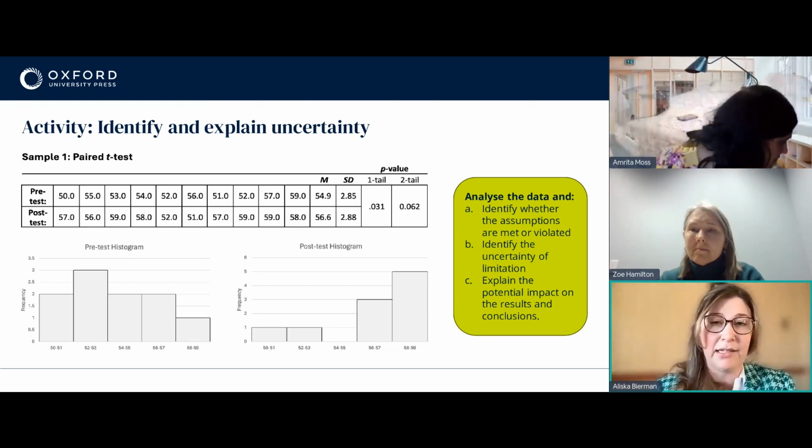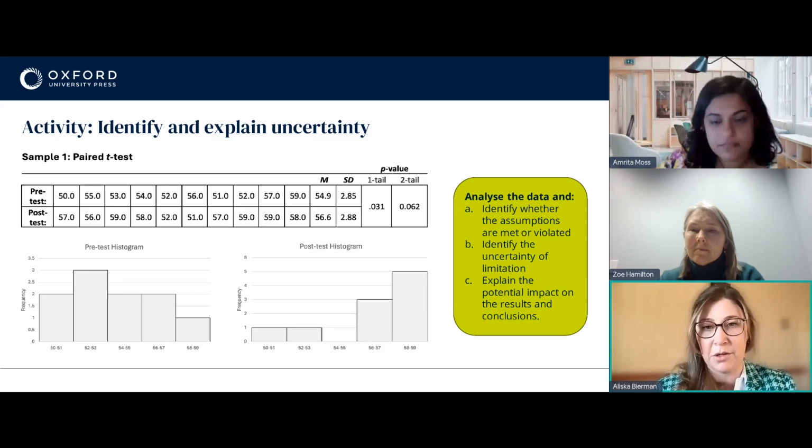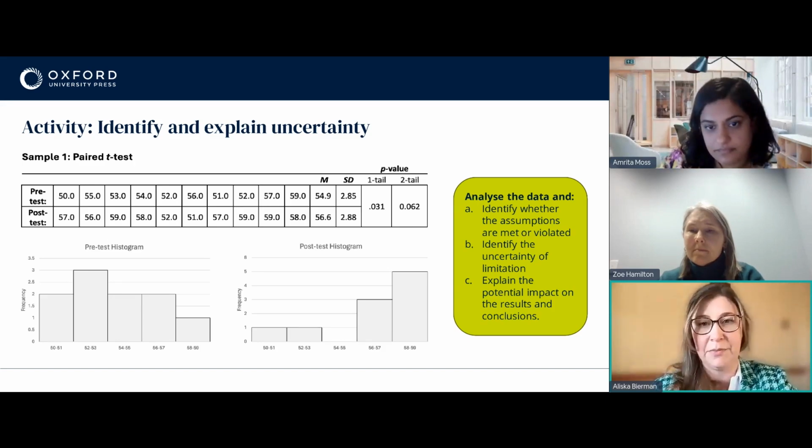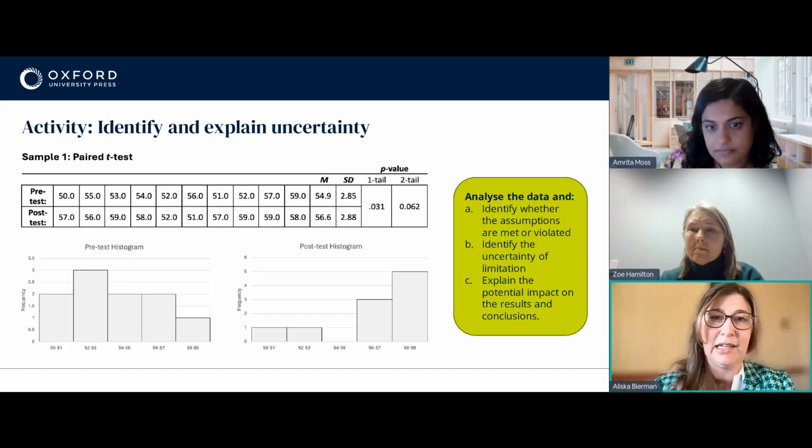And if they violate assumptions, maybe you want them to do non-parametric equivalents. The syllabus doesn't specify them, and so therefore they should be allowed to do a t-test and then maybe discuss any uncertainty with those violations as part of their analysis. So just for your information, the histogram interpretation can be a bit subjective, and we'll certainly see that with another example.